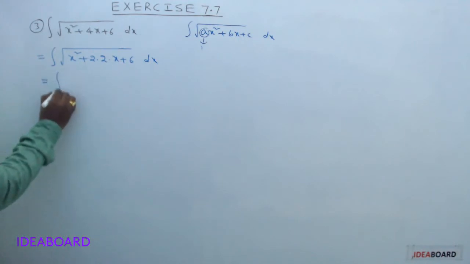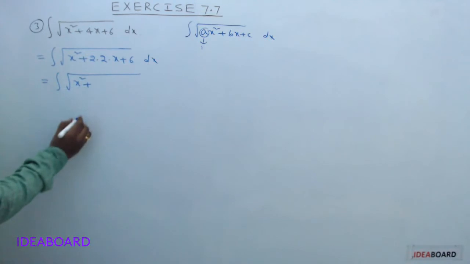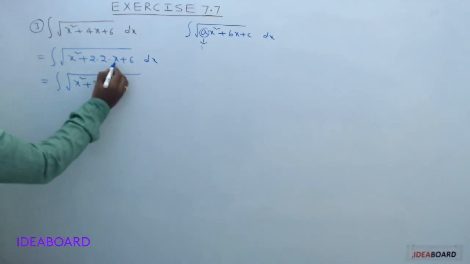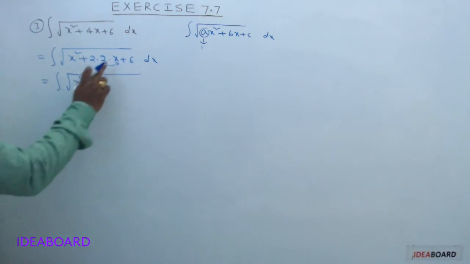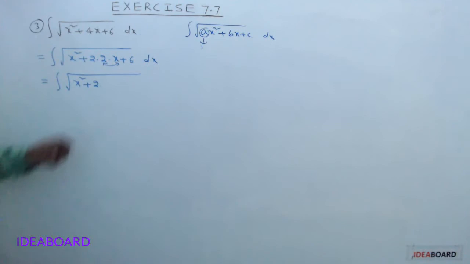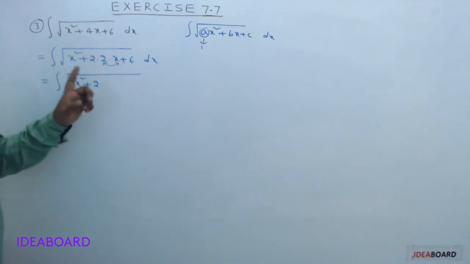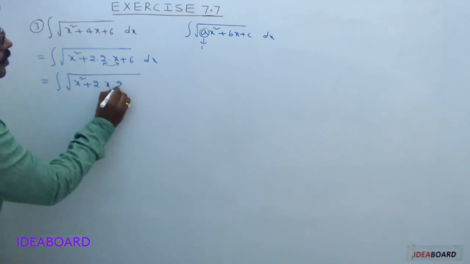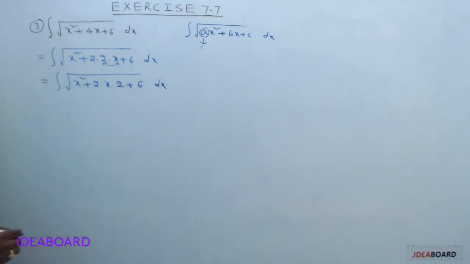Now this is equal to integral square root of x square plus 2 into, here I can interchange the terms x and 2, then this value does not change. If you are interchanging this x and 2, the value of this term does not change. So it is 2 into x into 2 plus 6 dx.